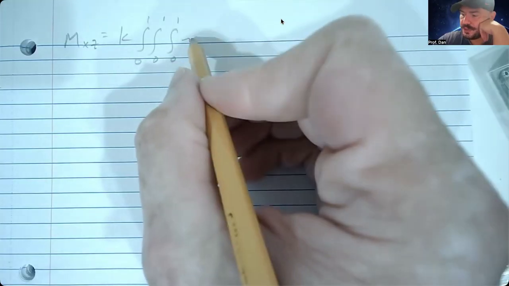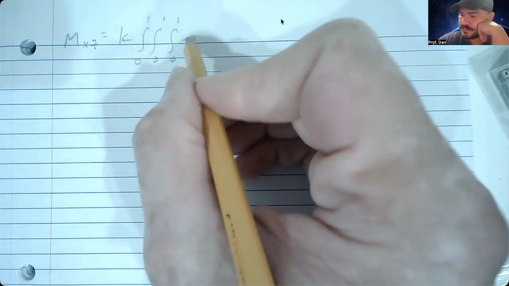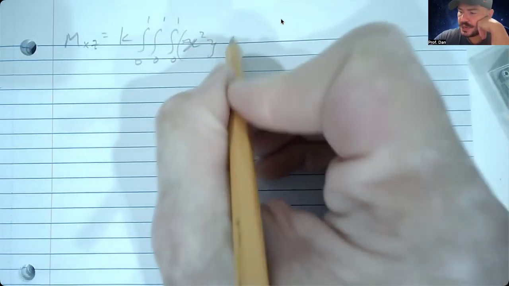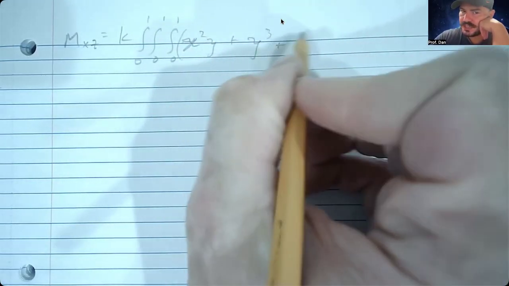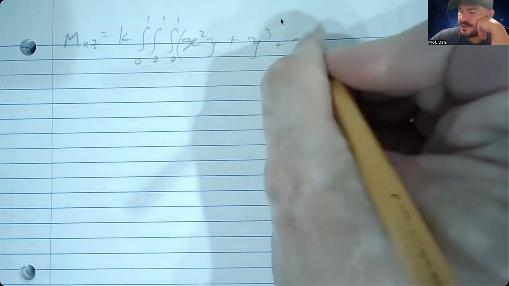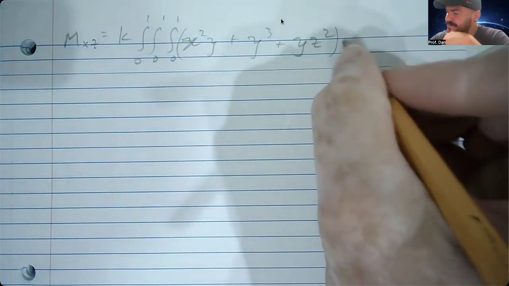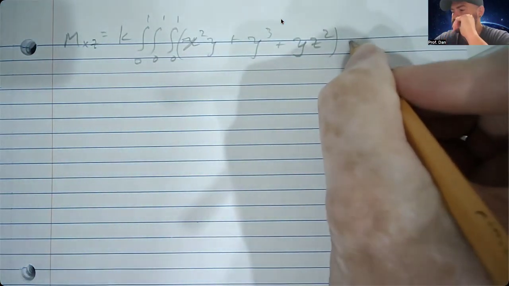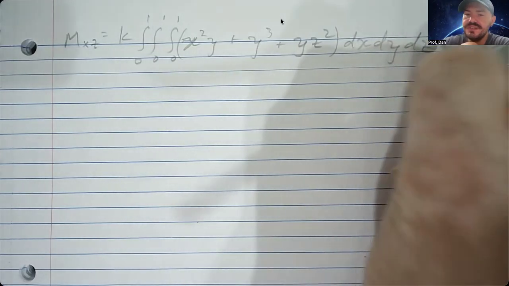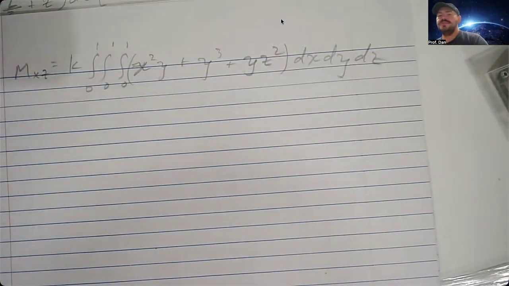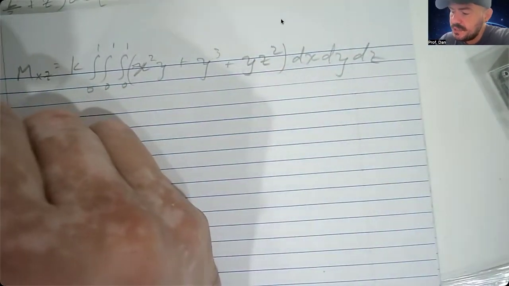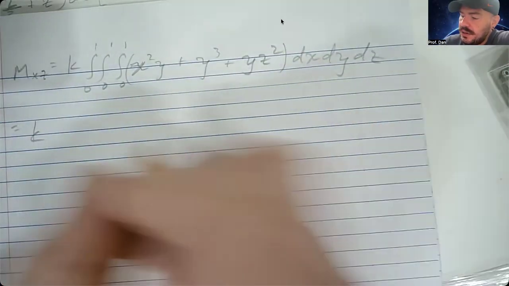So if I distribute the y to each of the terms, I would get x squared y plus y cubed plus yz squared. And for fun, let's keep the differentials in the same order just to see what happens, to spice up our lives a little bit.